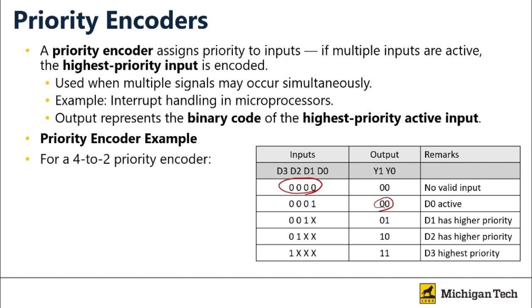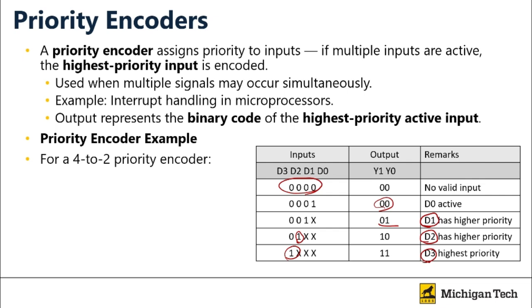If the second one, D1, is 1 and D0 is don't care, whatever, again we consider D1 as the output, the highest priority. If this is 1, we get D2 as the highest priority, and this one D3 as the highest priority.